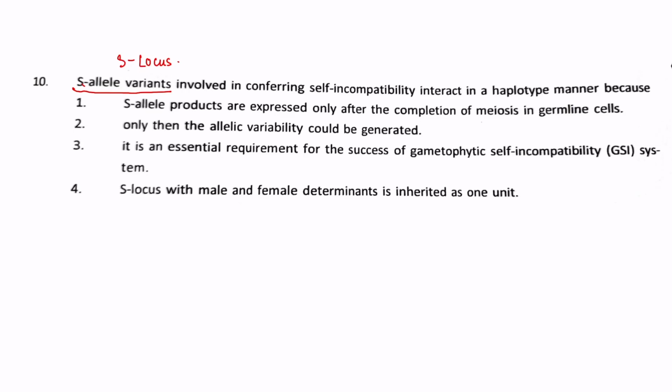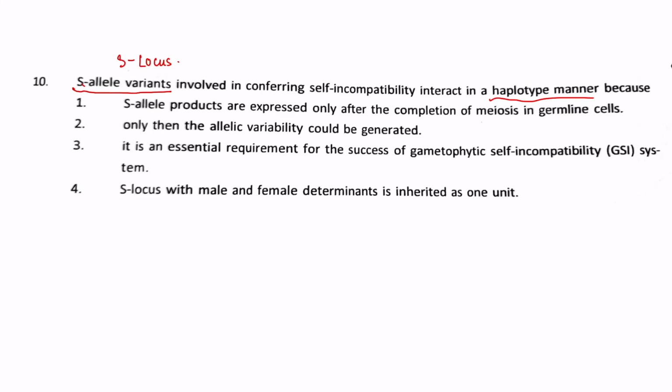And what is meant by haplotype? It is when a number of genes from the same parent of an organism are inherited together from a single parent.